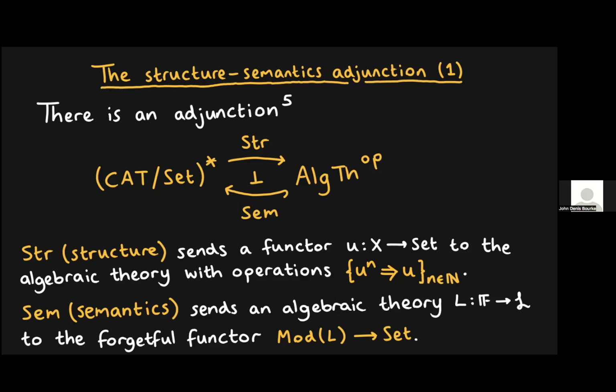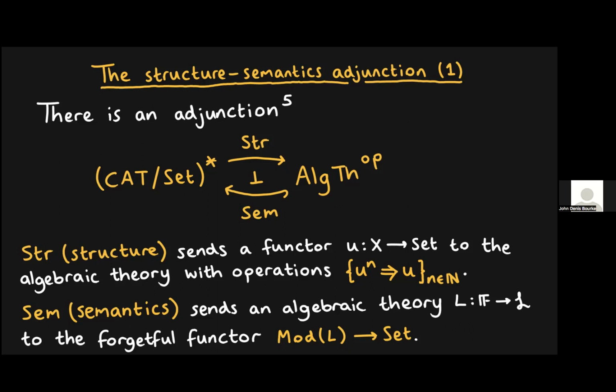So how do you think about the structure semantics adjunction? Well, the idea is that algebraic theories represent algebraic structure, and the category of slices is representing forgetful functors. But the forgetful functors may not really be forgetful functors from categories of algebras.